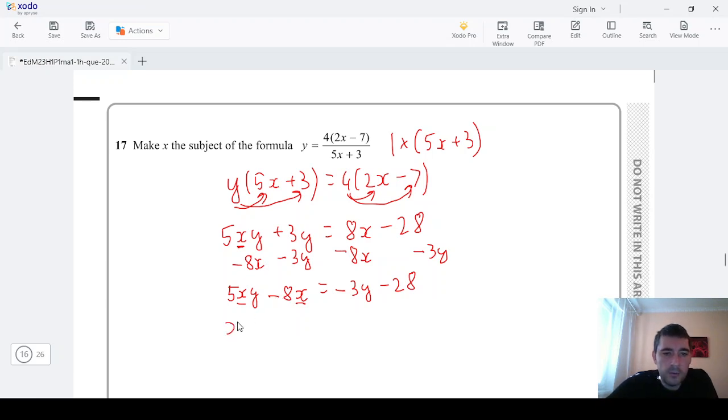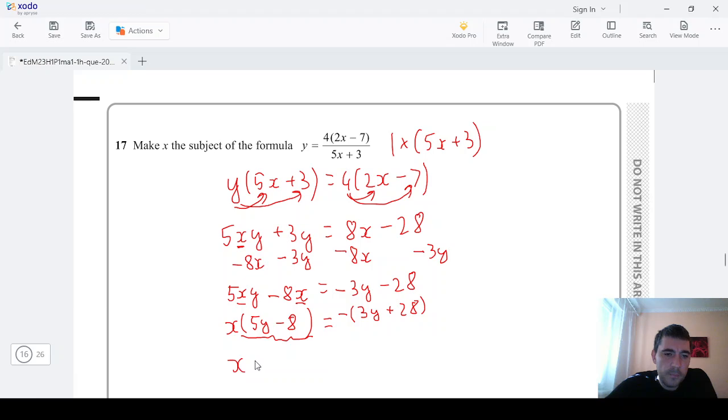So our x, if we factor in front of brackets, the bracket stays with 5y minus 8 equals, if I want, I can just got two negatives, I can just take it in front of brackets and make both positive, so 3y plus 28, and divide both sides by 5y minus 8, because we need to isolate x.